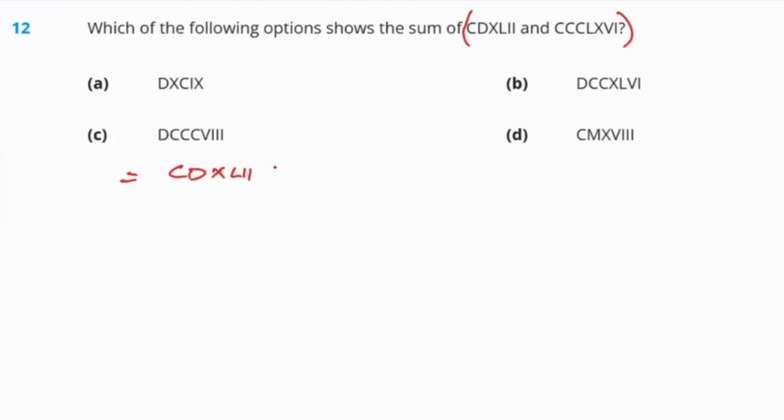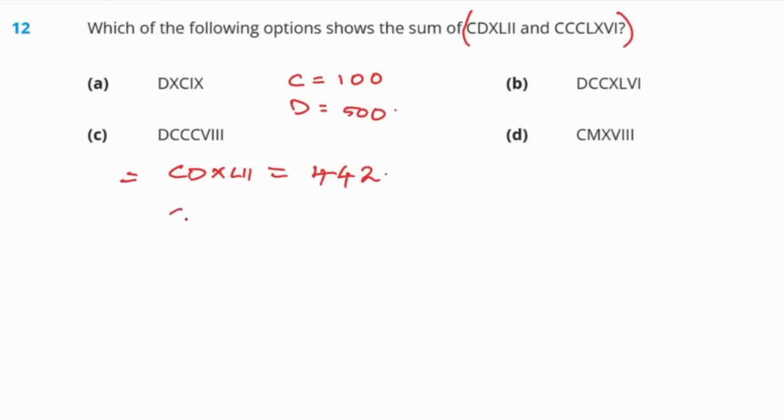CDXLII, here we know that C stands for 100 and D stands for 500, like that. Each Roman numeral stands for different numbers. So the value of this is 442.